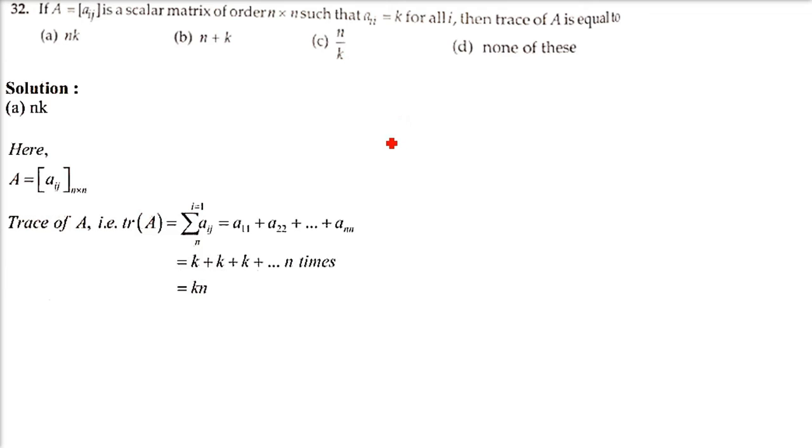We can take any n by n matrix, that is 1 by 1, 2 by 2, 3 by 3 like this. Now this is a scalar matrix n by n, and all the values on the diagonal are k. And since this is a scalar matrix, all other elements have to be 0. So a11 is k, a22 is k, a33 is k. This is already given in the question.